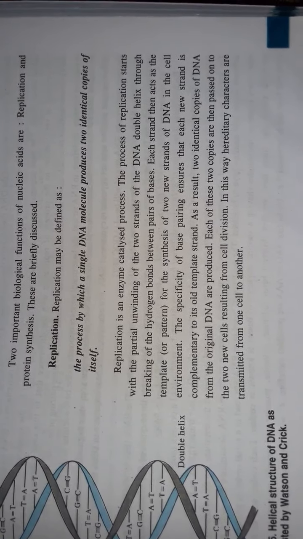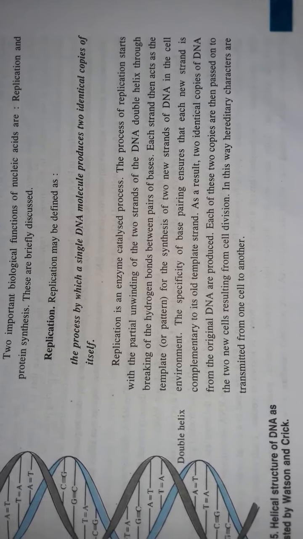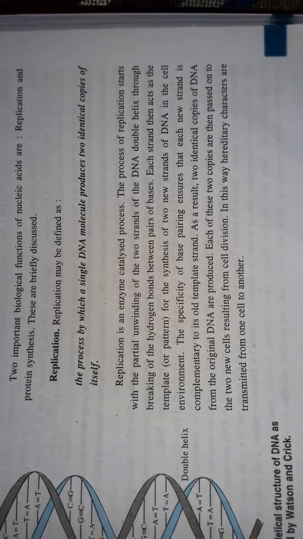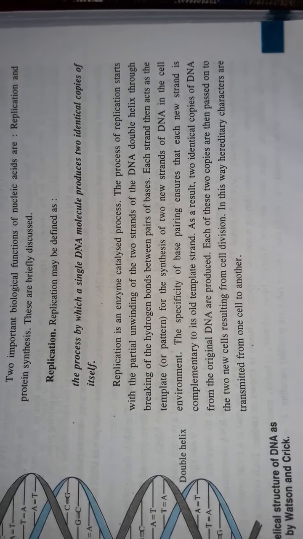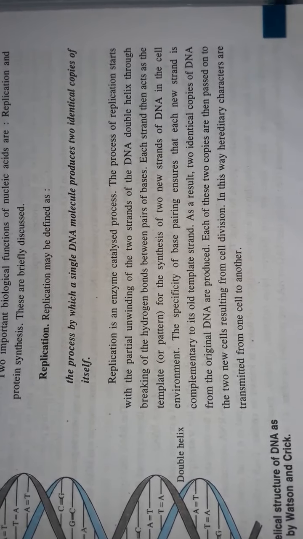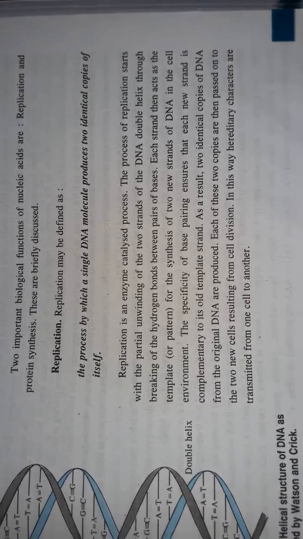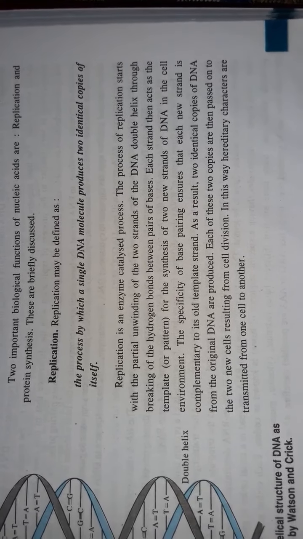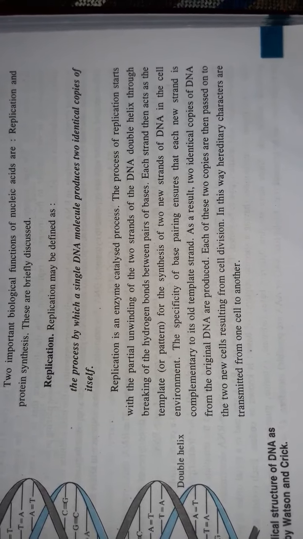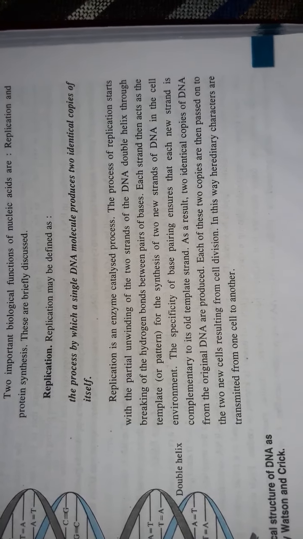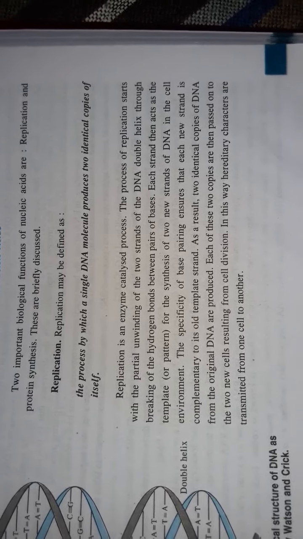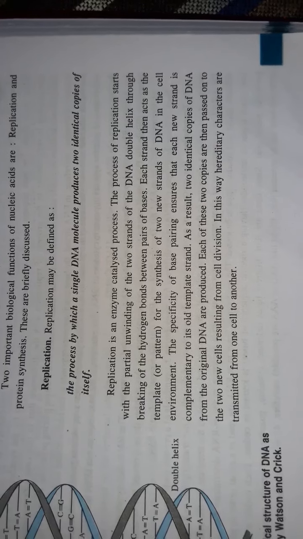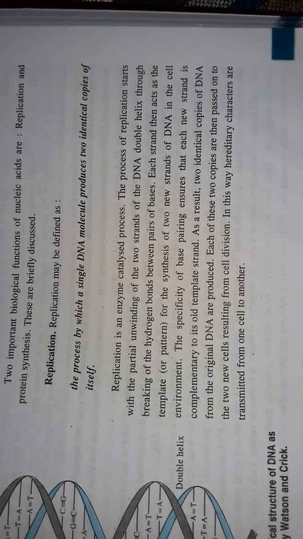You all know that DNA has a double helix structure, and this helix is formed through hydrogen bonding. Replication is an enzyme catalyzed process, and it starts with the partial unwinding of the two strands of the DNA double helix through the breaking of hydrogen bonds between pairs of bases.